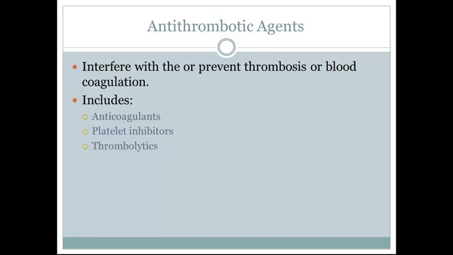This is particularly important when patients have stent placement with bare metal stents or drug-eluting stents. We want them on platelet inhibitors to prevent the clumping in those areas. Thrombolytics, which bust clots, are typically given when a patient is having a CVA.